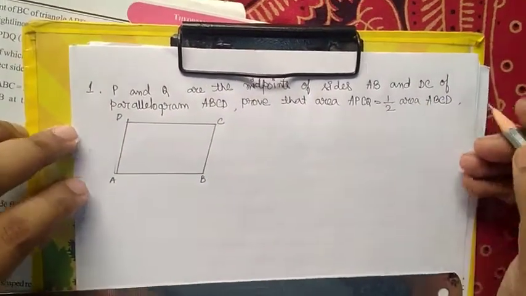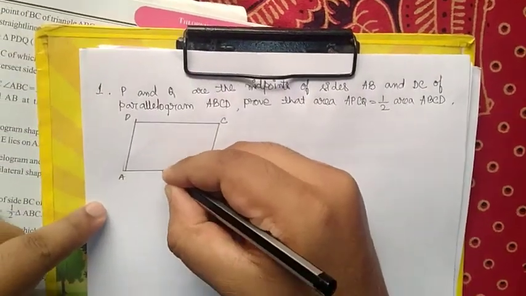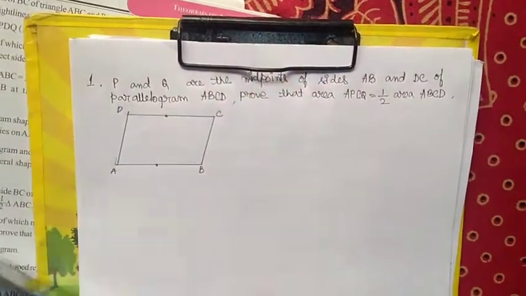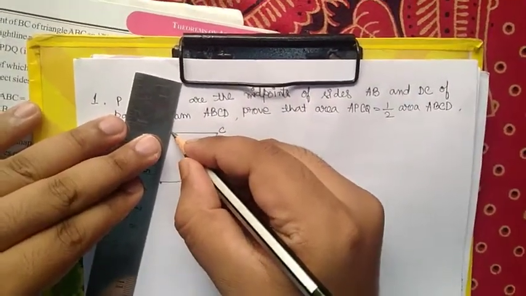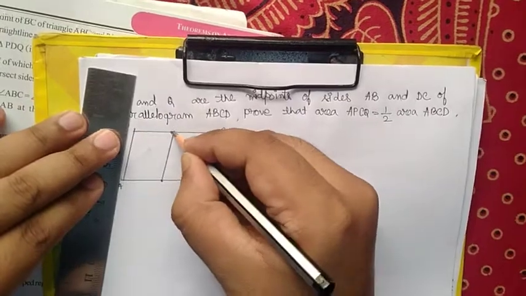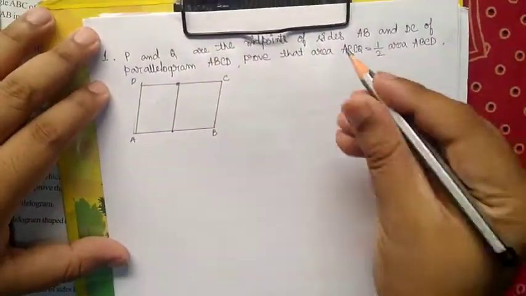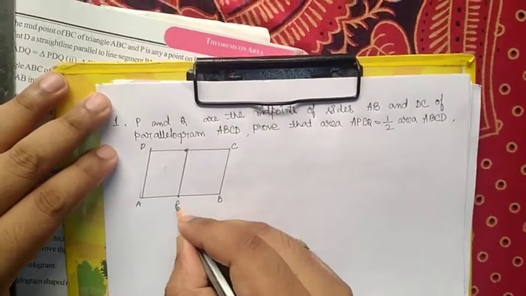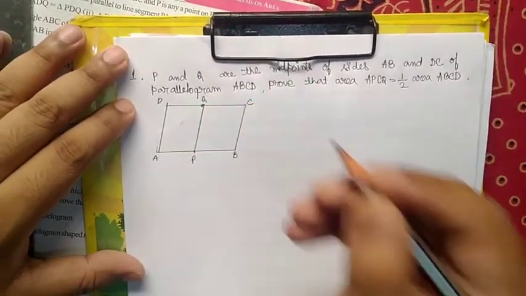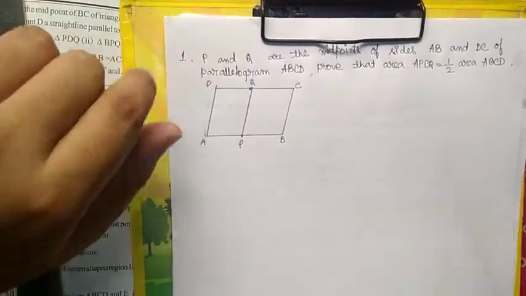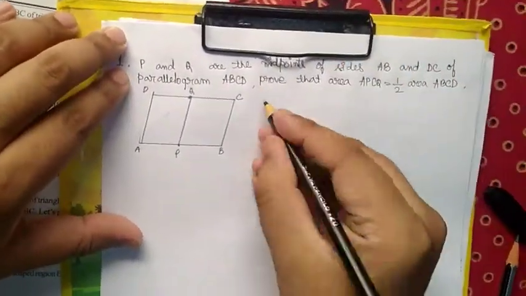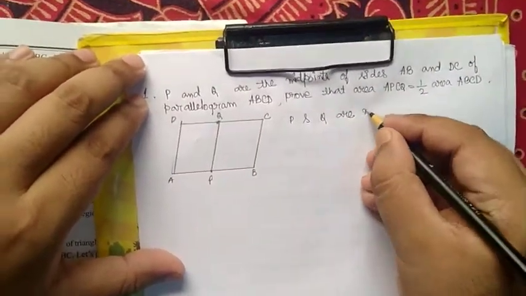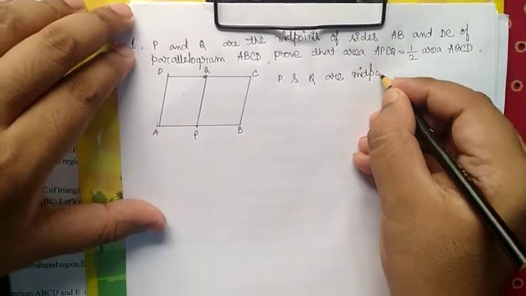And the midpoints of the sides: AB's midpoint is this one and DC's midpoint is this one. So the midpoint of AB is P and the midpoint of DC is Q. P and Q are midpoints of AB and DC.